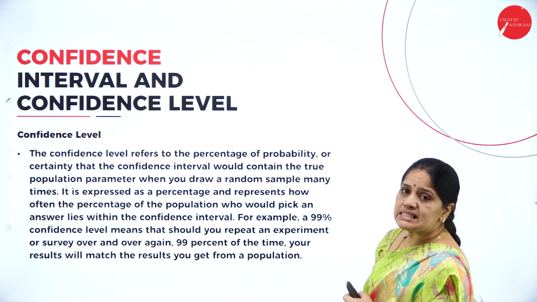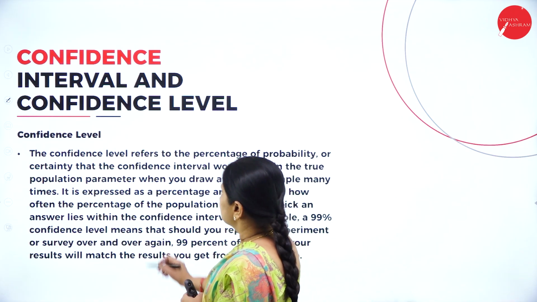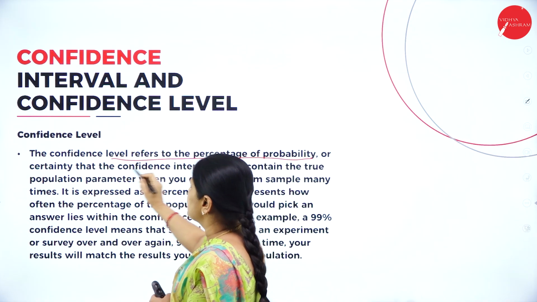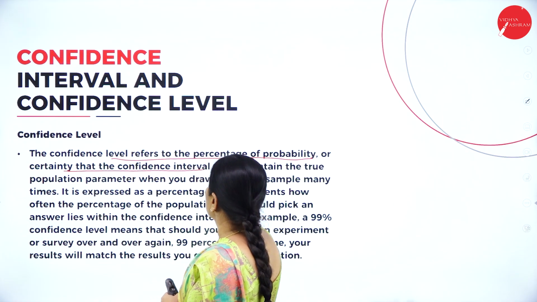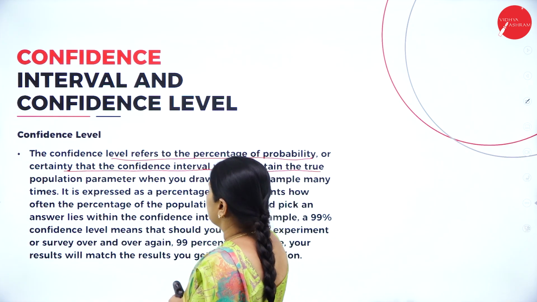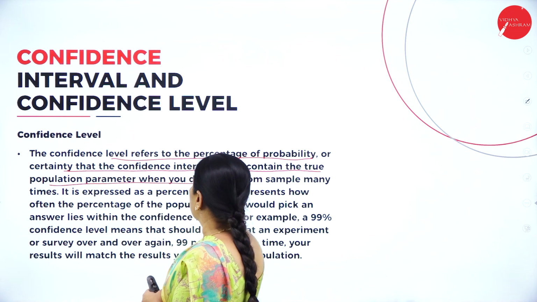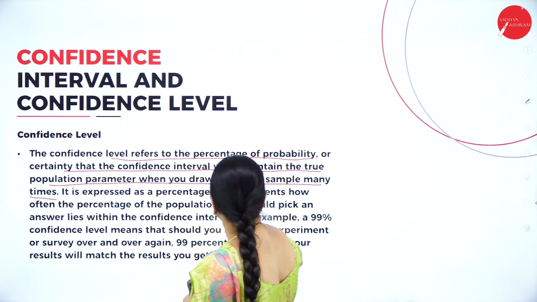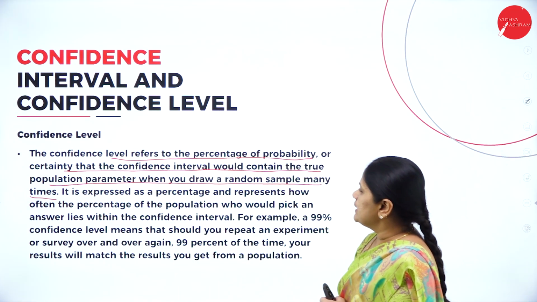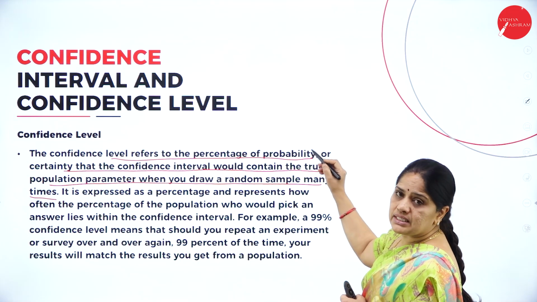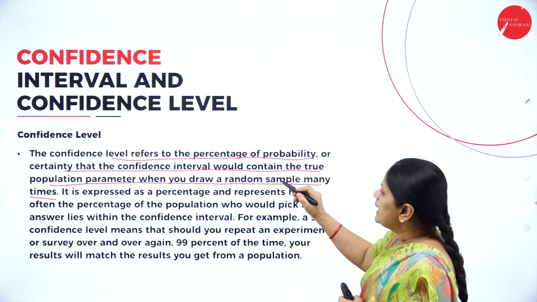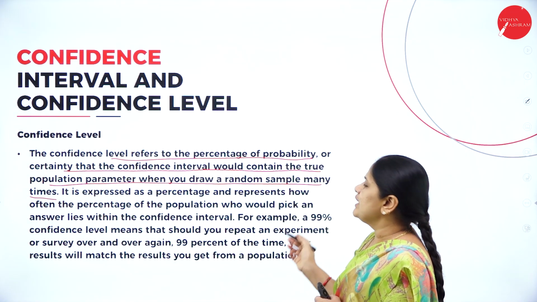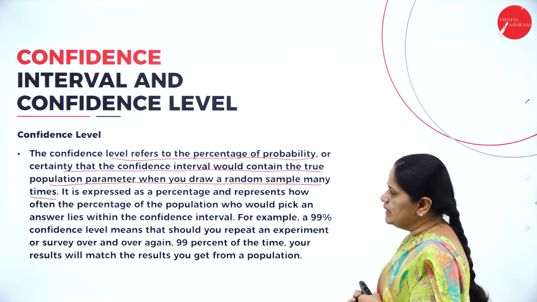Next, what is this confidence level? The confidence level refers to the percentage of probability or certainty that the confidence interval would contain the true population parameter when you draw a random sample many times.